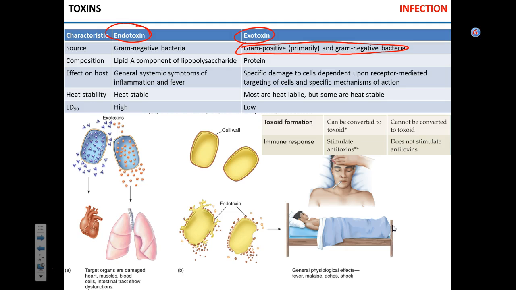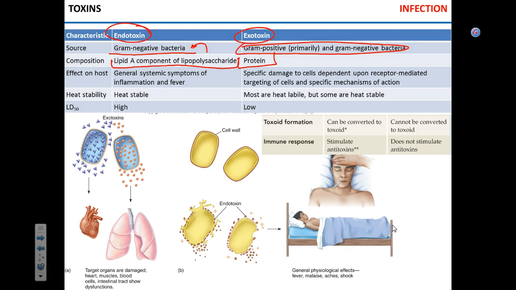Endotoxin can be found exclusively in gram-negative microbes. Exotoxins are proteins, while endotoxins are fragments of lipopolysaccharides, components of the outer membrane of gram-negative microbes.